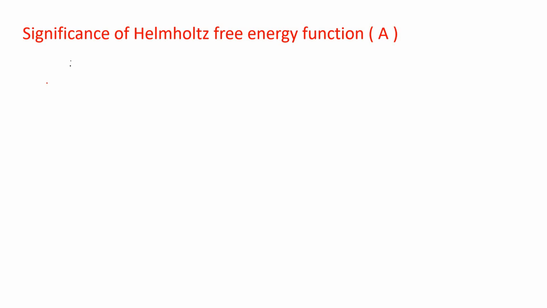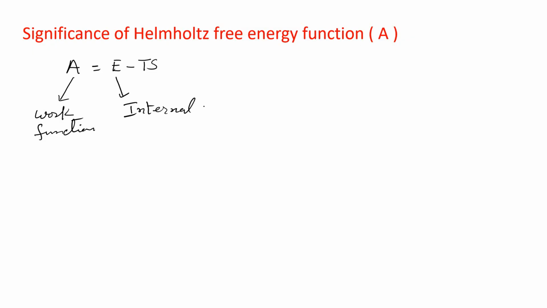We know Helmholtz free energy function or work function A is equal to E minus TS, where A is the work function, E is the internal energy, T is the temperature, S is the entropy. So our A is equal to E minus TS.